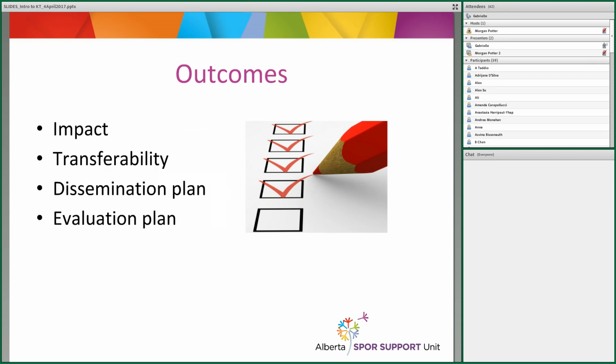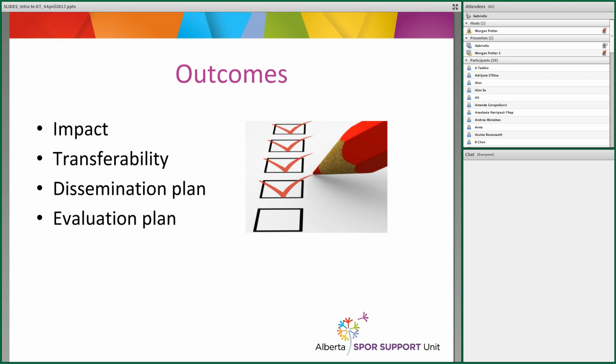An integrated KT proposal should clearly illustrate how it will potentially have a demonstrable and sustainable impact on practice, programs, and/or policy that could ultimately lead to a change in health outcomes. Consider the potential impact of the study and its transferability. If it is not transferable, acknowledge and justify this.